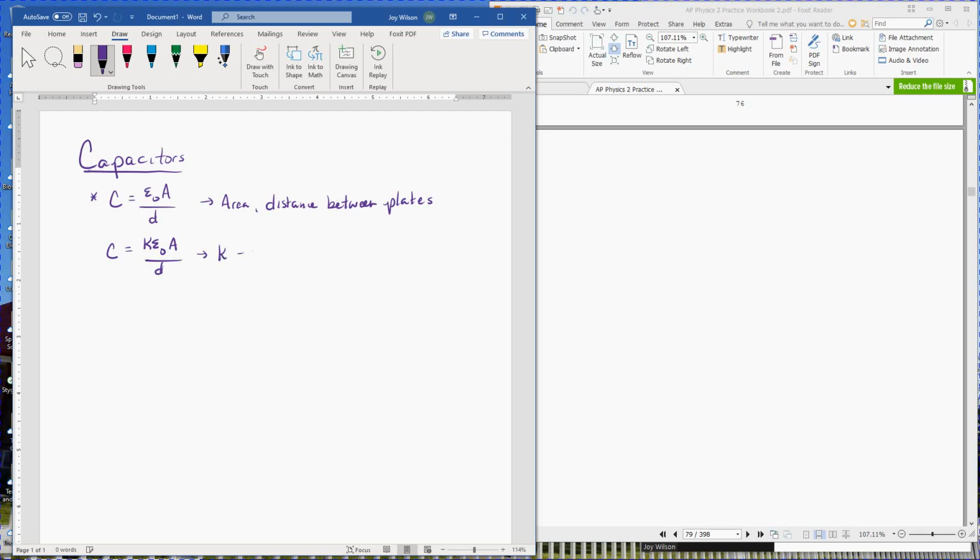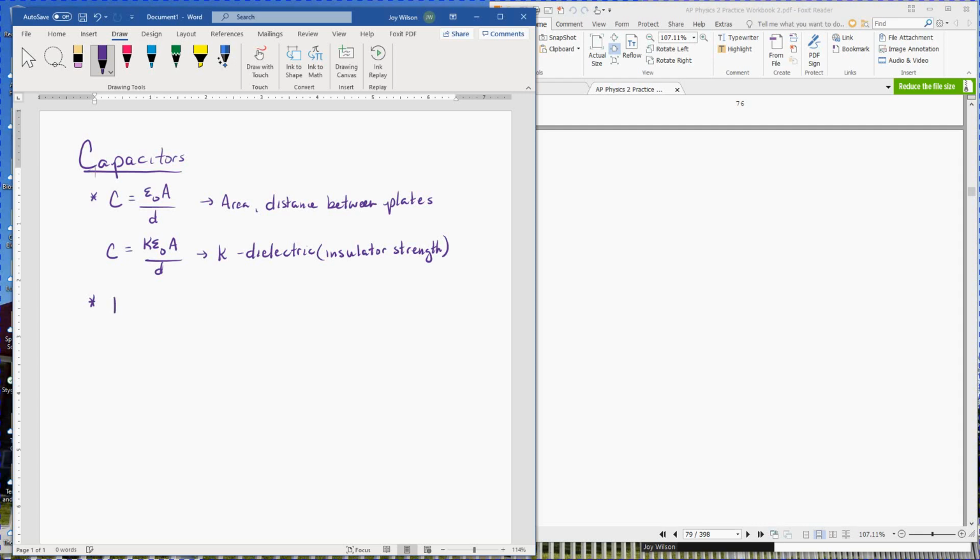K is called the dielectric constant. It's the insulator strength. Okay, so that's the first definition of capacitance. The one that we use when we're doing calculations, if we want to just know how big a capacitor is or how a capacitor behaves, we're using those top two.